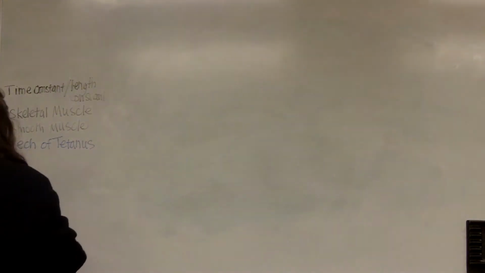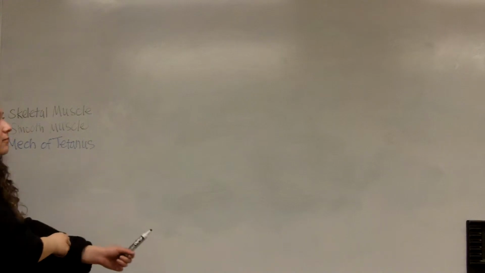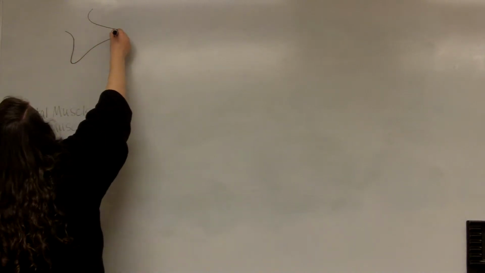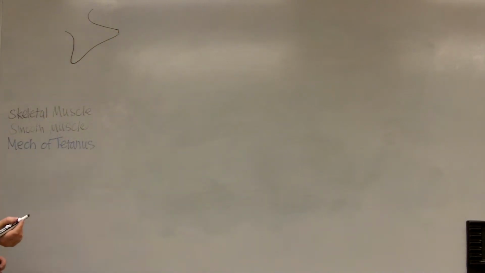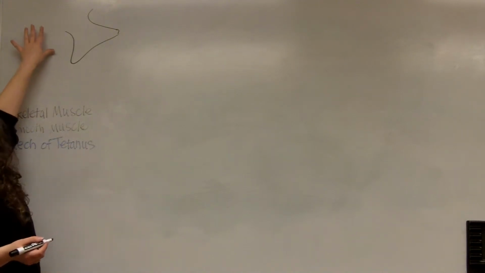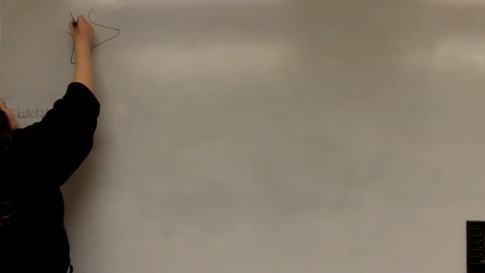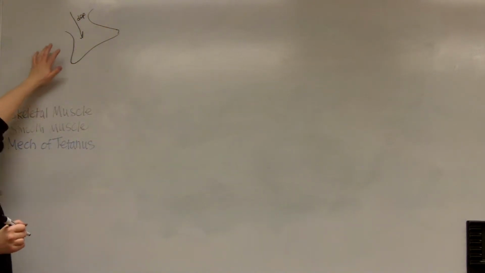Okay. Next thing we're going to do is go through skeletal muscle. We'll just start up here with our neuron and then go from there. With skeletal muscle, acetylcholine is involved. So you have an action potential in your neuron. The depolarization, which I'm going to abbreviate to DEP, travels down the axon to the axon terminal.